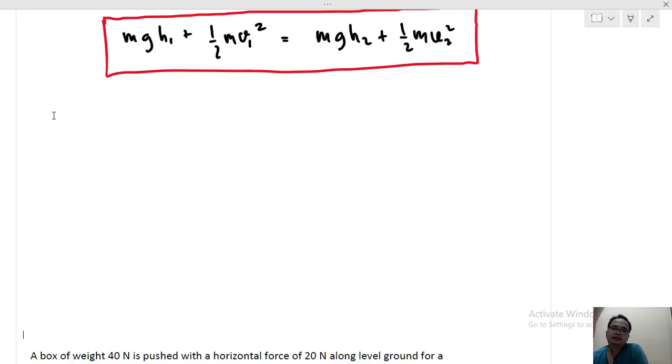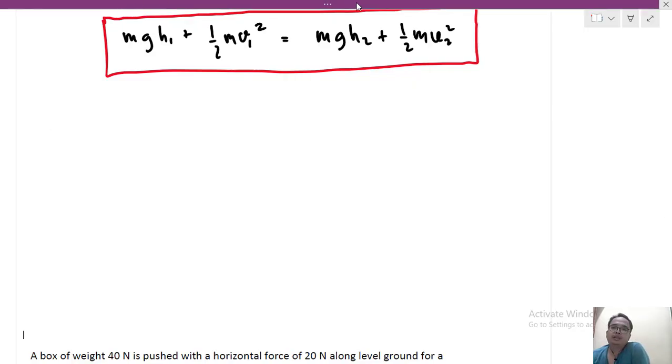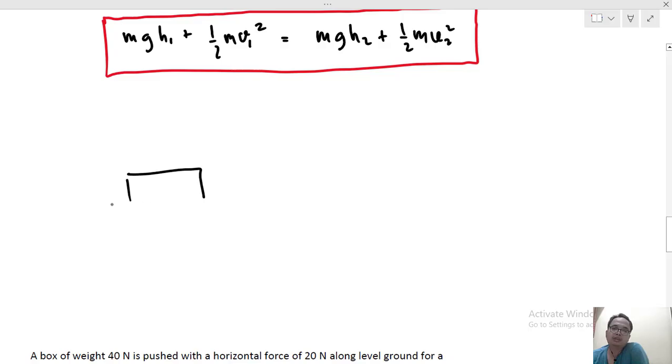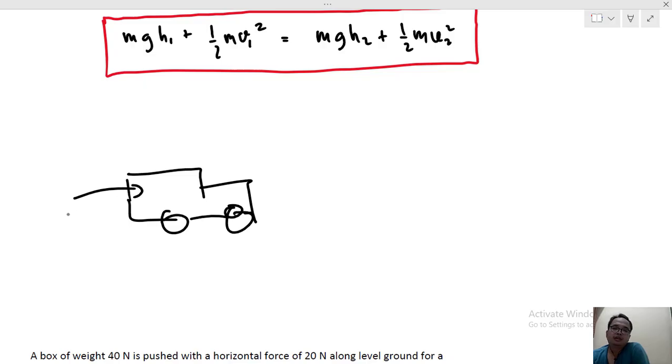Another example is a vehicle, such as a car. We fill it with gasoline as the source energy.